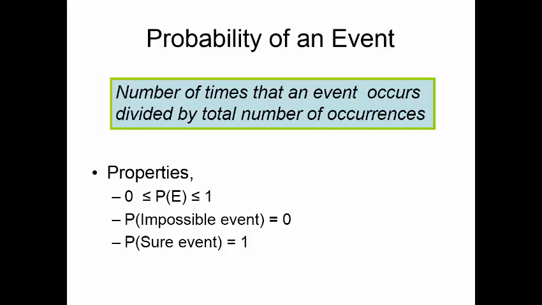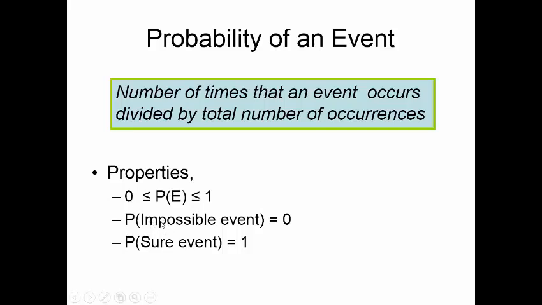Now, there are some basic properties of probabilities which we have to keep in mind. The first is that the probability of an event is always less than or equal to 1 and greater than or equal to 0. So the probability of an event E lies between 0 and 1.